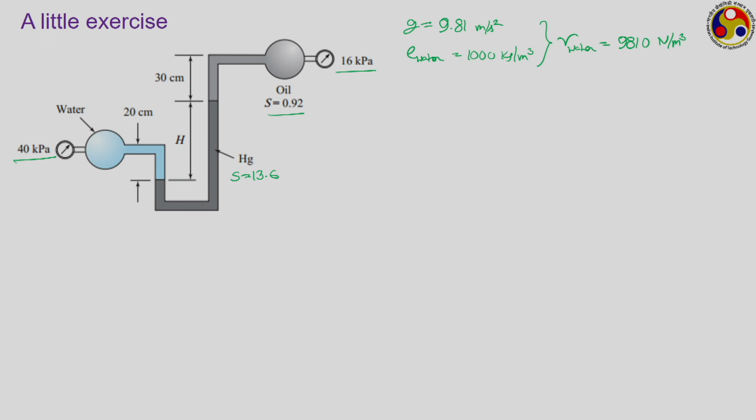One is water, whose properties are known, another is mercury, which is the manometric fluid, and the third one is oil, which is present in the second tank. Let us say this is your tank A having a pressure of 40 kilopascal, and this is your position B having a pressure of 16 kilopascal. And now we have to identify a plane with respect to which we are going to do the pressure balance.